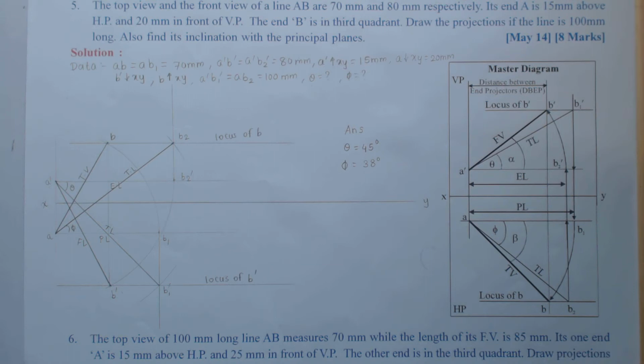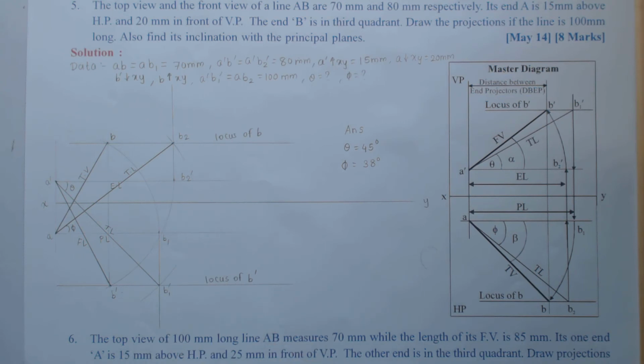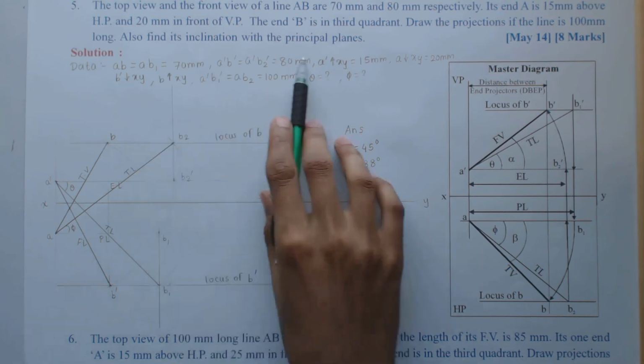Now a similar problem is asked in May 10 for 9 marks, which can be solved using the same procedure. So I'll read that. The top view of 100 mm long line AB measures 70 mm while the length of its front view is 85 mm. So if I compare with this problem, again the true length, top view length and front view lengths are given. This is the similar data.